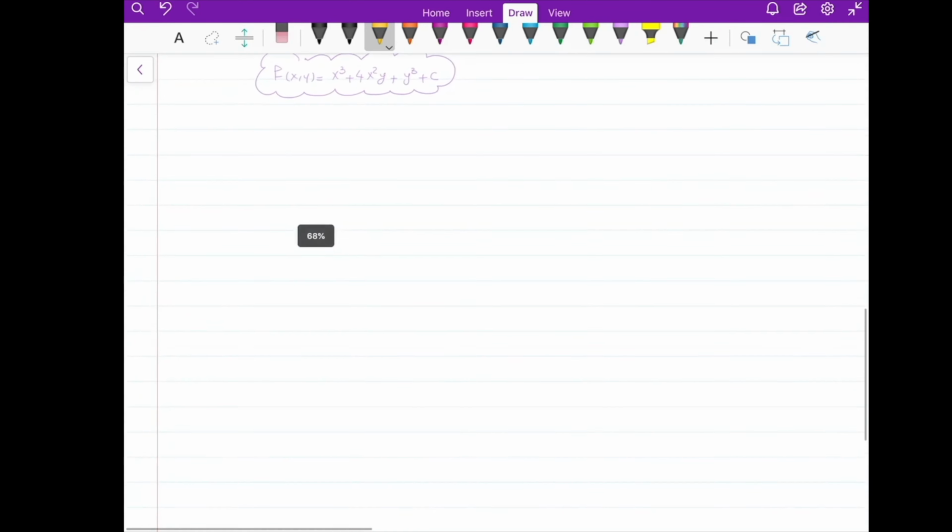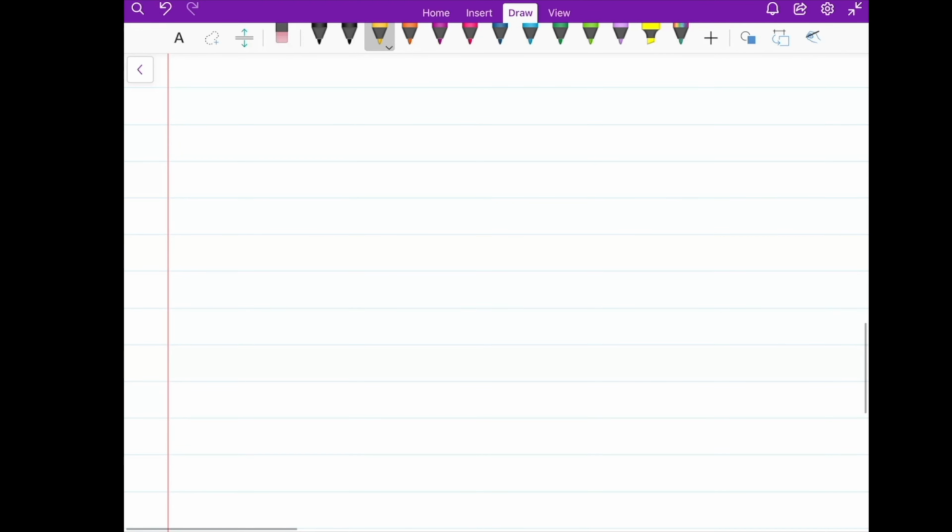Now I'm gonna make a small note, and that is not all vector fields are conservative.